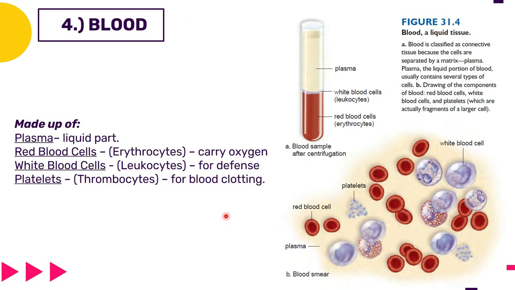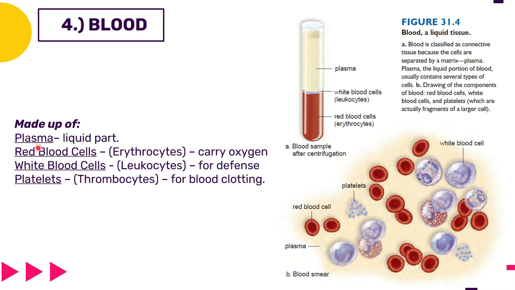Next, we have another type of connective tissue, the blood. As I have mentioned earlier, the blood is the only type of connective tissue that is different from the connective tissue proper, the cartilage, and the bone, because blood is a liquid connective tissue. What makes it connective tissue? That is because it is composed of a matrix called the plasma.